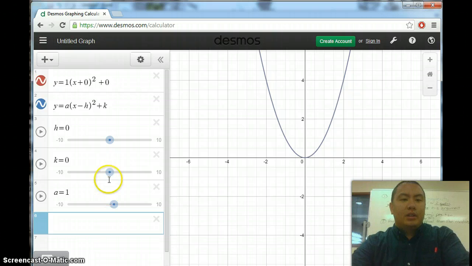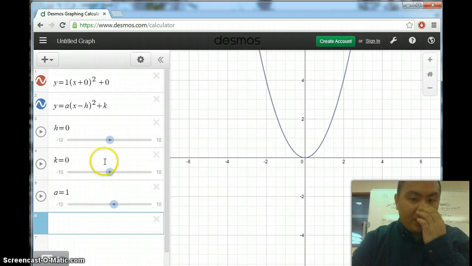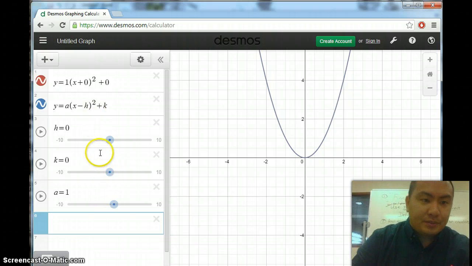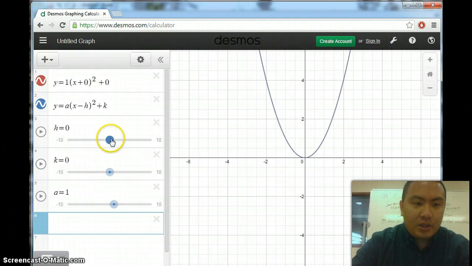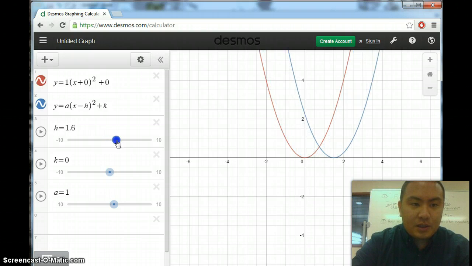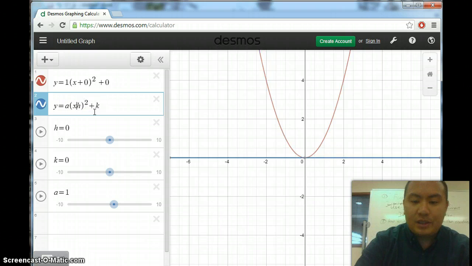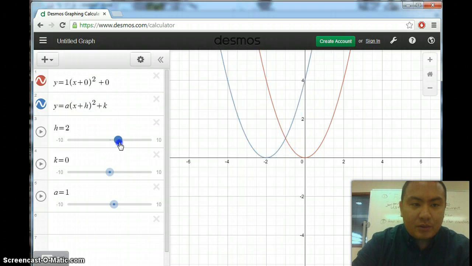Alright, so let's check to see what happens if we move things around. If we move our h to be a positive number, whenever we have a positive number, we move to the left.